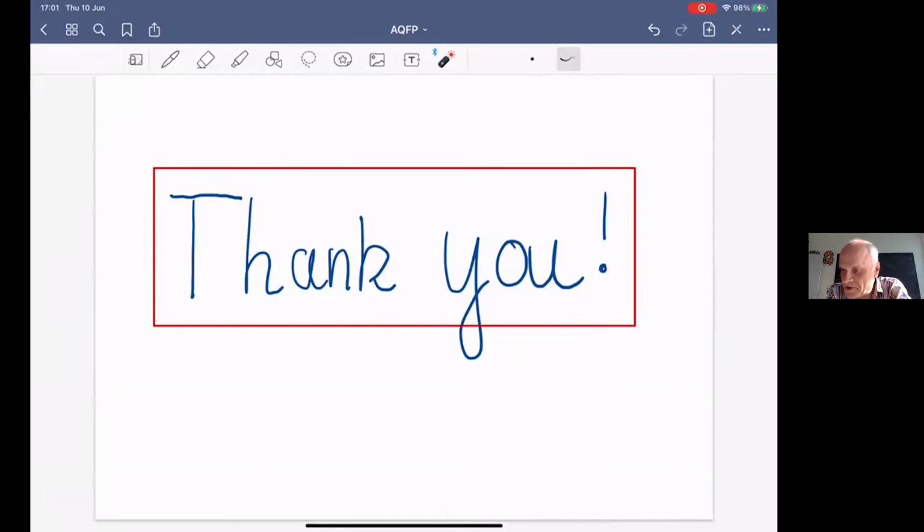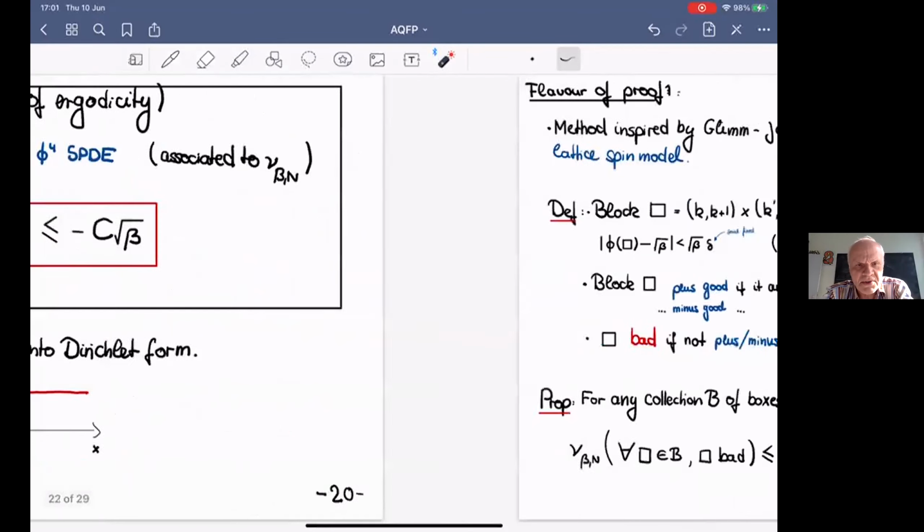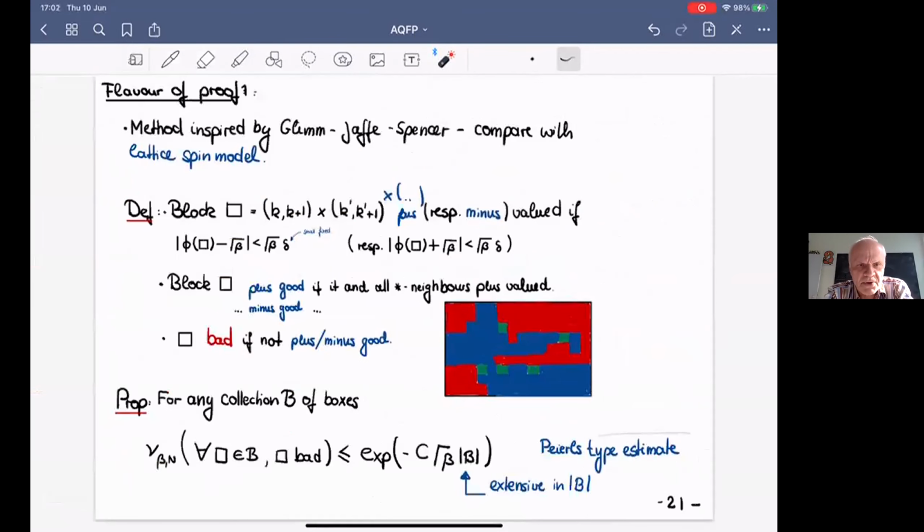Maybe one question for this second part of the talk on phase transitions. You discriminated these field configurations with respect to mean values in boxes, good boxes and bad boxes, page 22 or whatever. You said these boxes were unit boxes, but there must be an intrinsic scale which determines the good size of these boxes, for phi to the 4 in 3 dimensions.